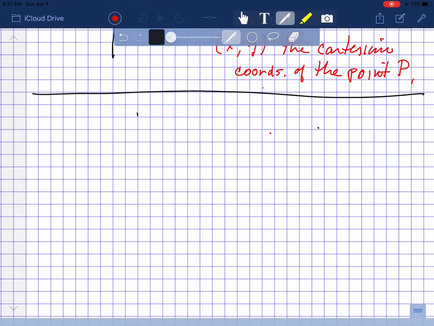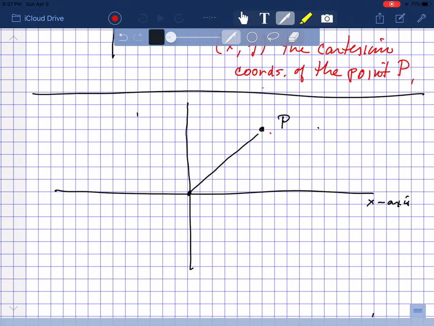So now what we want to do is look at a completely different coordinate system, and it's this. Again, I choose a point P, and here I have an x-axis. Suppose I have a point P in the plane.